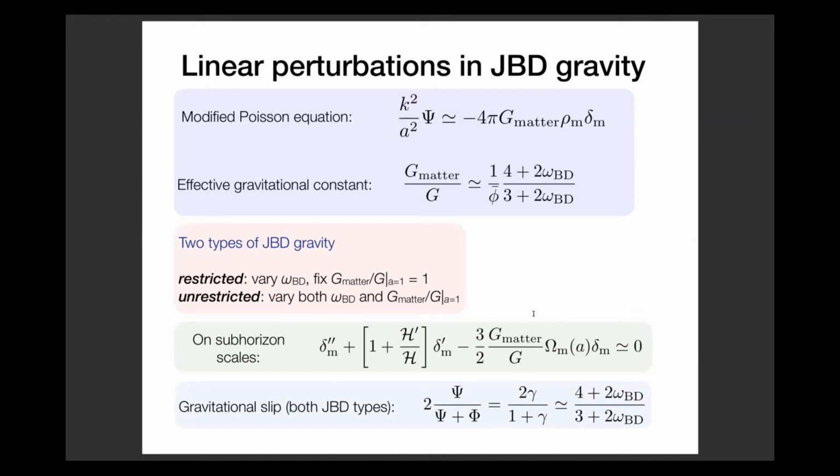Similarly, the source term also gives us an enhancement of the growth, but of course it depends on whether the effective gravitational constant is greater or less than 1. And then we can introduce a gravitational slip given by the ratio of our metric potentials. If this slip, for example, varies with time, then we would rule out not just GR, but we'd also be ruling out all of Jordan-Brans-Dicke.